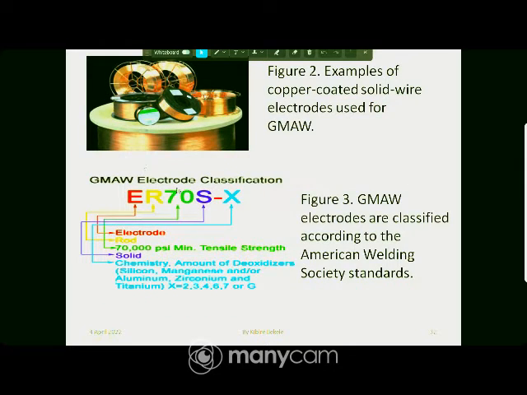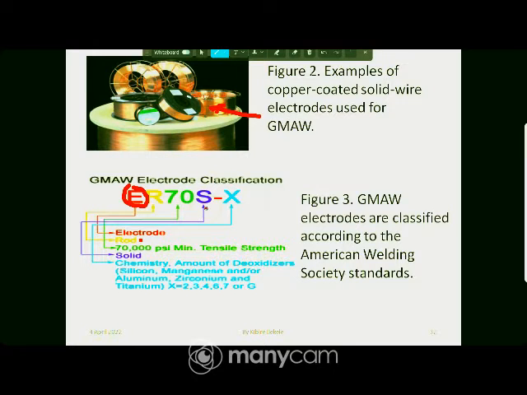So here is the electrode designation. This is a gas metal arc welding electrode, the coiled type, as we already know. This is the electrode, and so there is the electrode designation. As you see from this, like in shielded metal arc welding, here the letter E indicates the electrode, the rod, and the 70 means it's in thousands, so 70,000 of tensile strength.